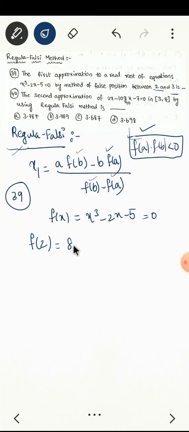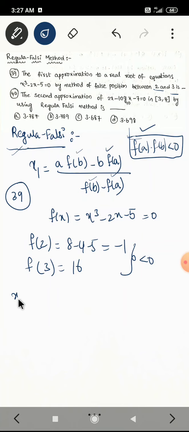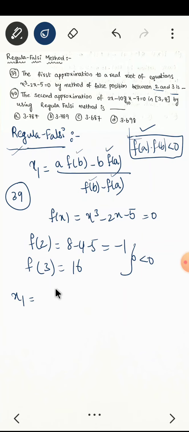f of 2 is 2 cube, 8, minus 4 minus 5. How much? It's minus 1. Then f of 3: substitute 3 cube minus 2 into 3 minus 5. I am getting it as 16. If I multiply these two, it is less than 0, condition satisfied. Then x1 is equal to a into f of b minus b into f of a, divided by f of b minus f of a. This is a, this is b.